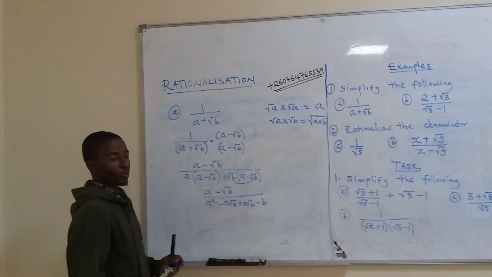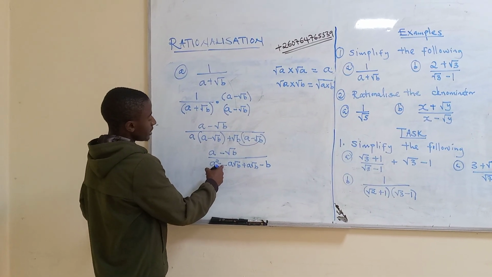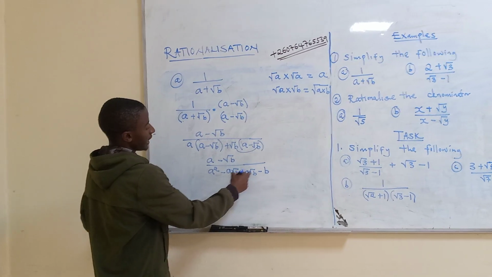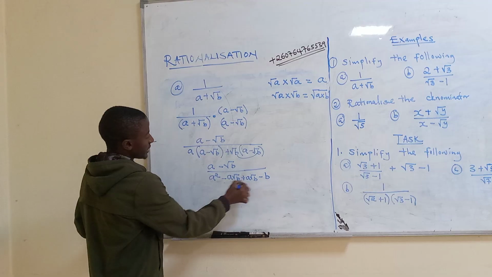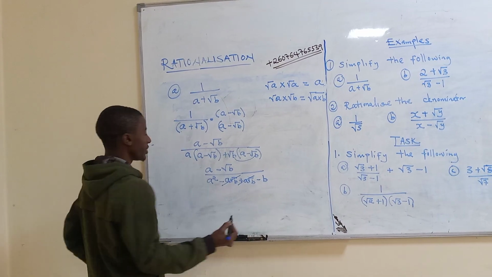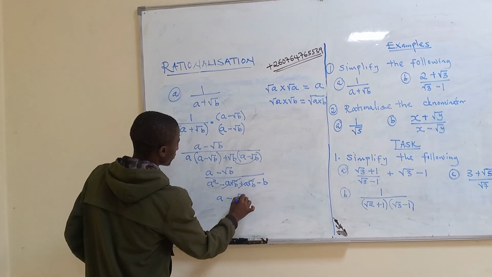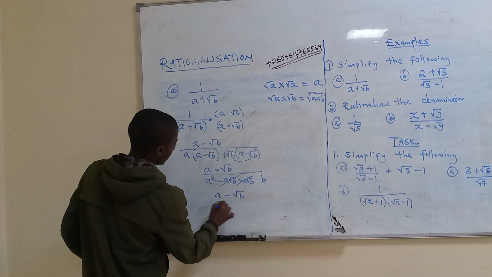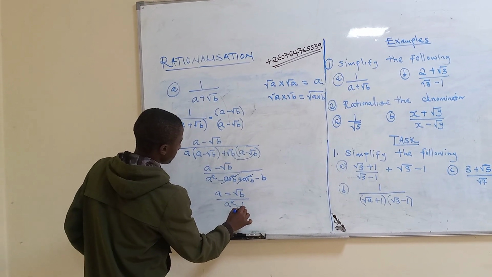From here, you have negative a plus a, so you subtract. This part is going to cancel out because they are similar, and you are going to remain with a minus square root of b over a squared minus b.